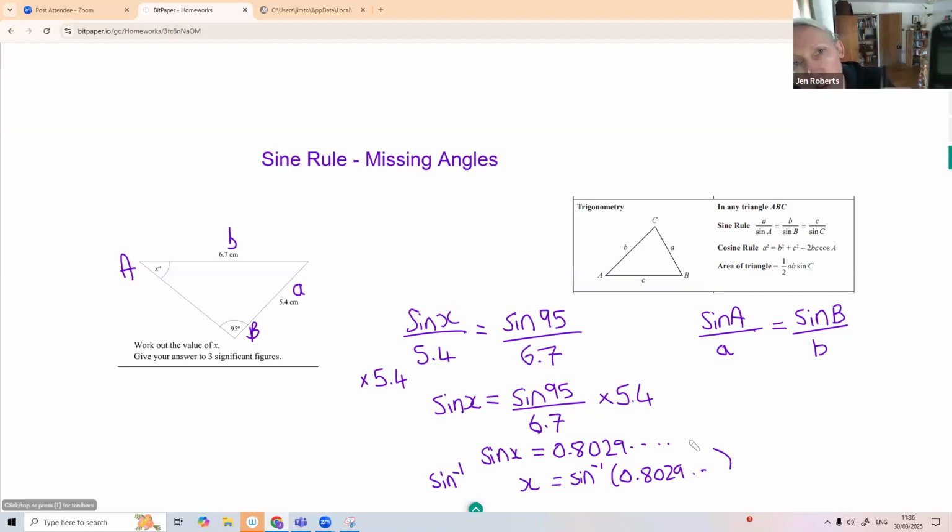If I press shift and then the sine button, you see then we have sine to the -1.